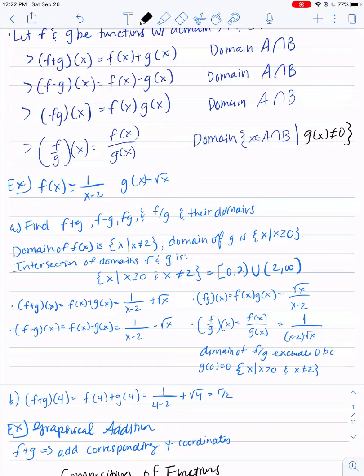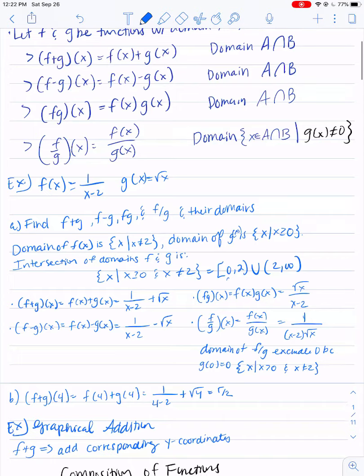The domain of g(x) is x such that x is greater than or equal to 0, because it's a square root. So the intersection of our domains is x greater than or equal to 0 and x can't be 2. We're just combining both domains. So really we could write 0 to 2, including 0, unioned with 2 to infinity, not including 2.